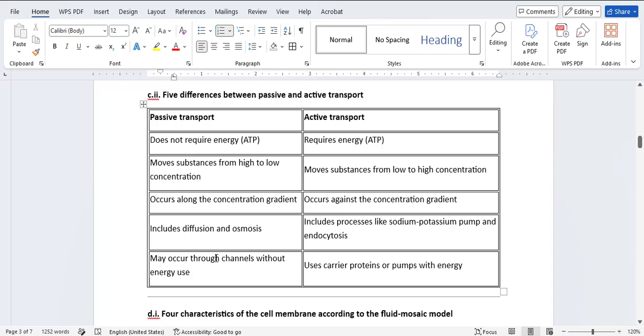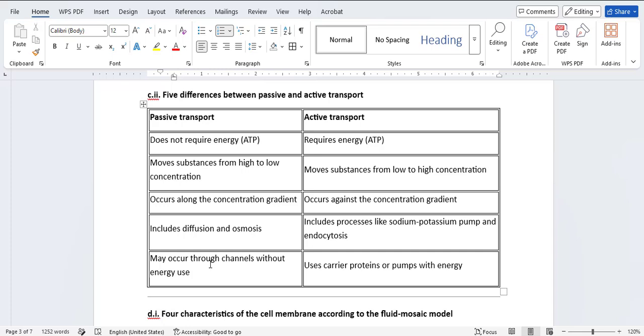Then passive transport may occur through channels without energy use. So we talk about the aquaporins, which in plants allow water to move freely along the concentration gradient.